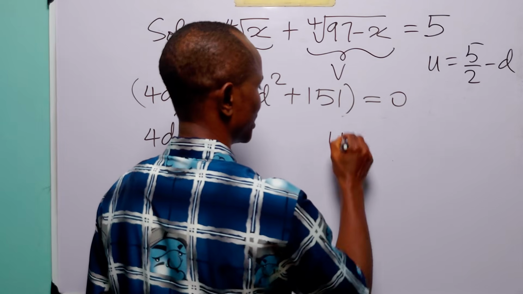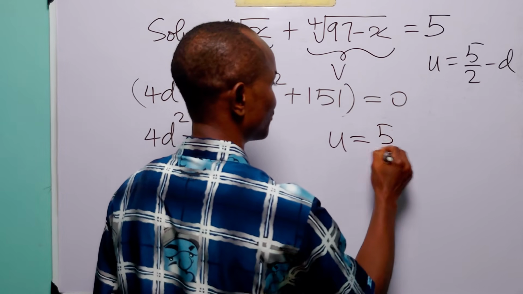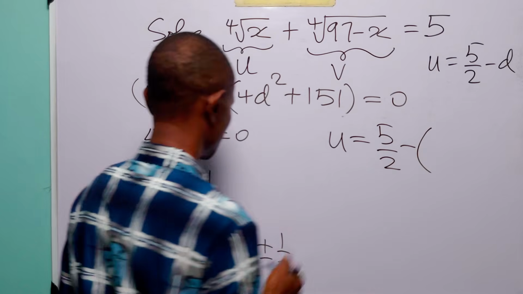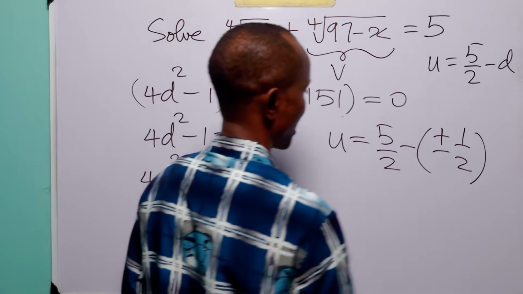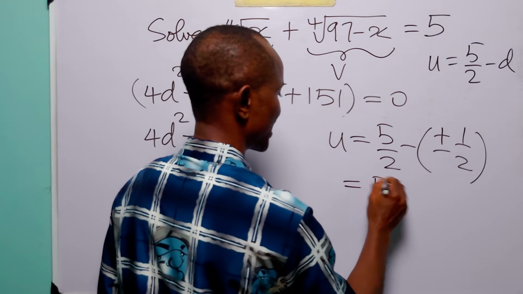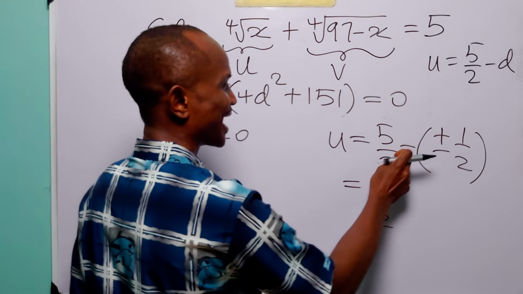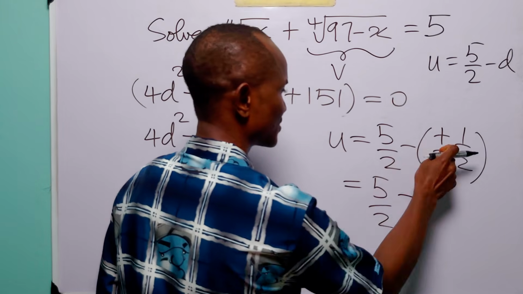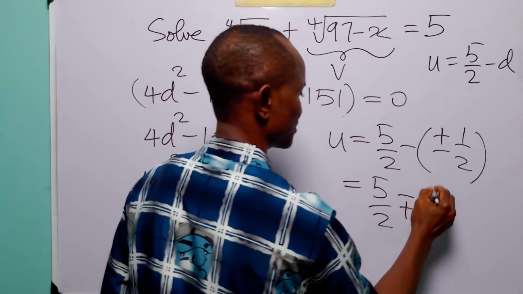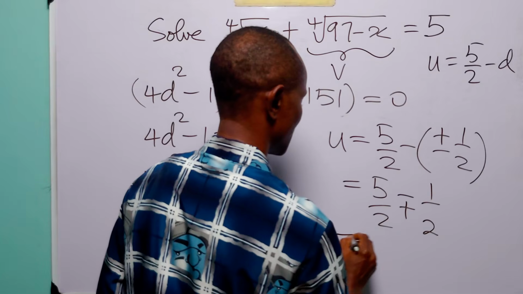So now we go back to this substitution to find u. From here we have that u is equal to 5 over 2 minus plus or minus half. This is 5 over 2 minus plus is minus. Minus minus is plus 1 over 2.